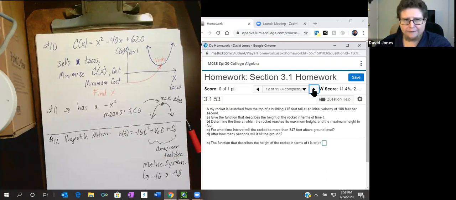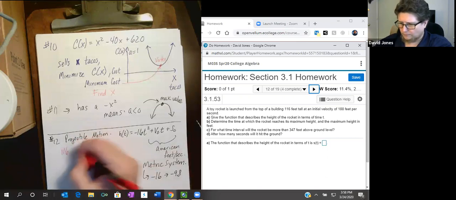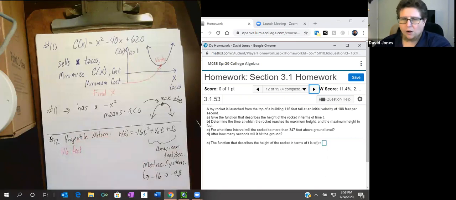What is the starting information they gave me? A toy rocket is launched from 116 feet tall, and it's from the top of a building.